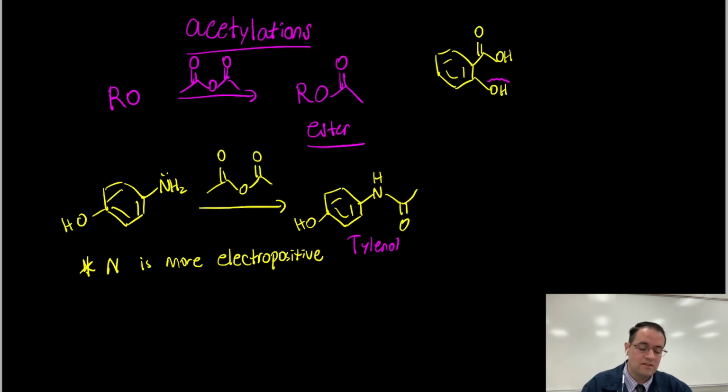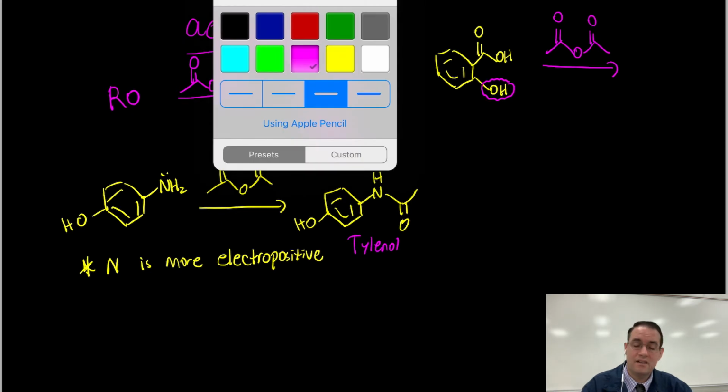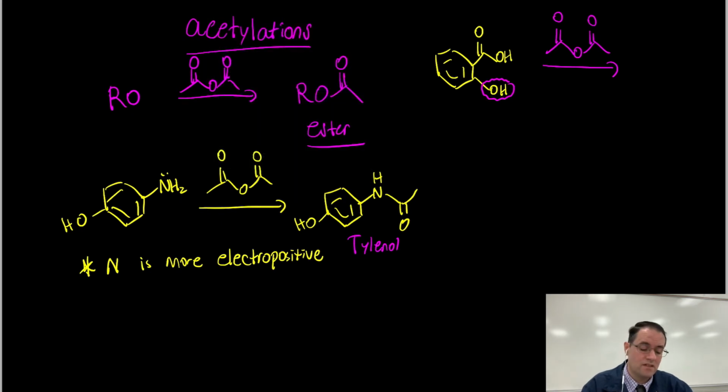So this is salicylic acid, and there's an alcohol, okay? It's a phenol, and if we treat this with acetic anhydride, we can make the acetate, or the acetylated product, which is known as aspirin. It's called acetyl salicylic acid.